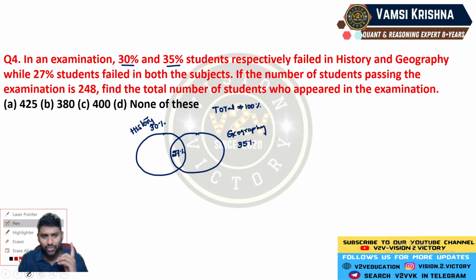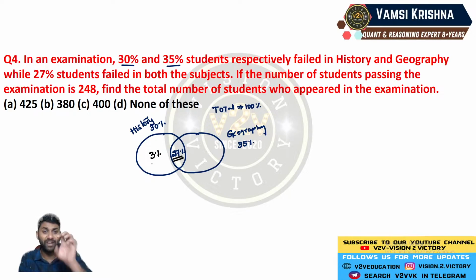Now, the entire history failure is exactly 30%. Out of that, 27% failed in both, so we can conclude that 3% of students failed in only history. Remember that.